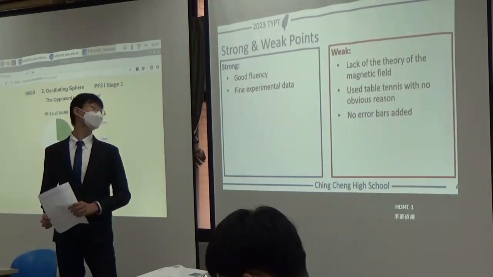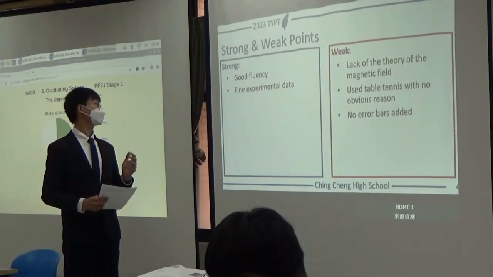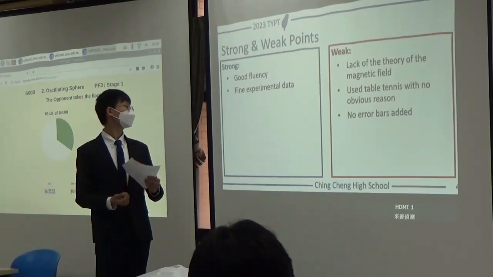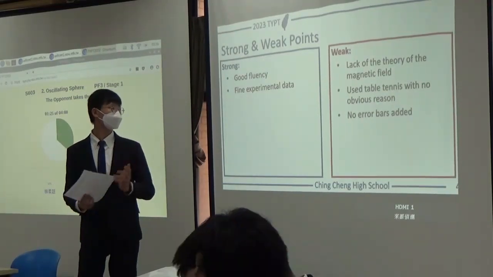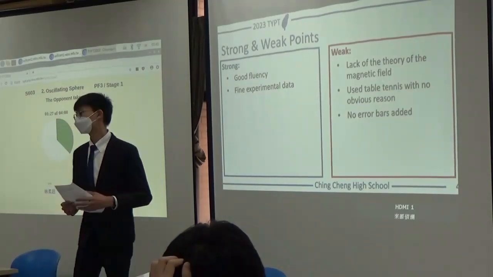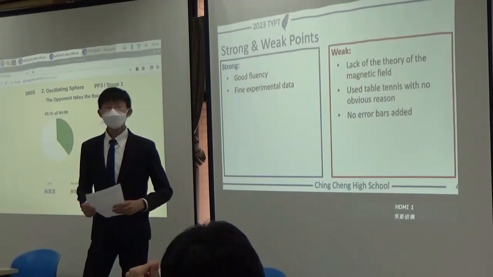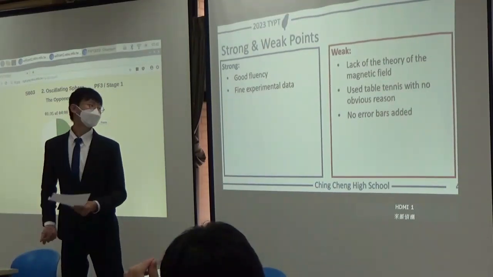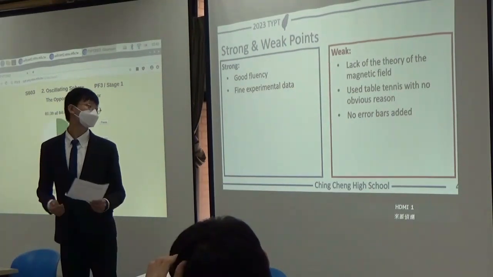And I want to talk about the strong and weak points of the reporter. The first is a strong point. She has good delivery and frequency, and fine experimental data. But the weak points: lack of theory of the magnetic field. The second is why she used table tennis with no obvious reason. And the third is no error bars added to her data.